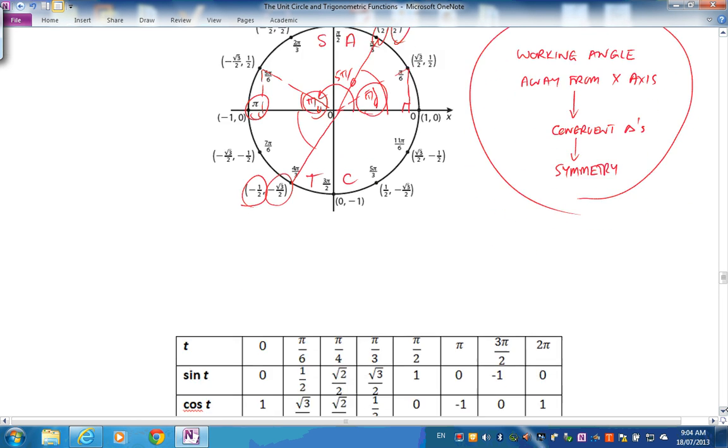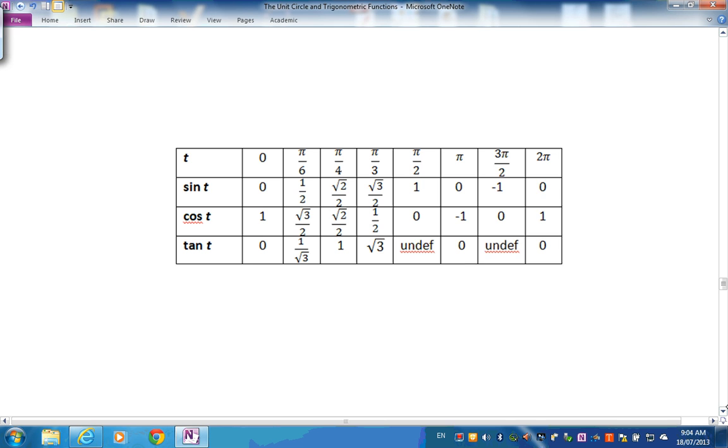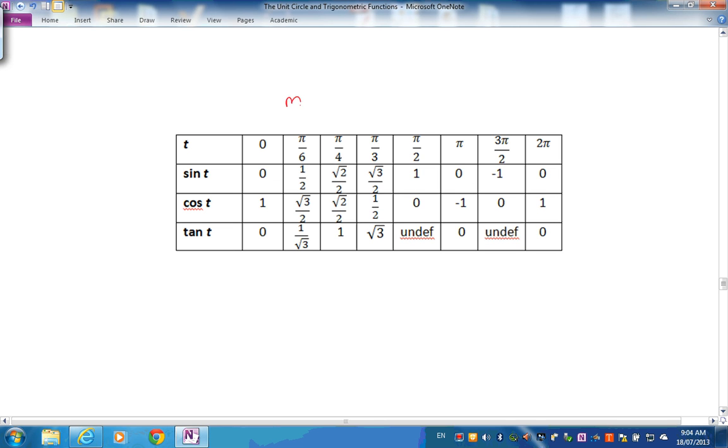Alright, nearly at the end here, so I've made a summary. This is something that you really must memorise in the IB. They will give you many opportunities where you can use these sine, cos and tan values, but often in paper 1, and you won't be able to use a calculator at all.